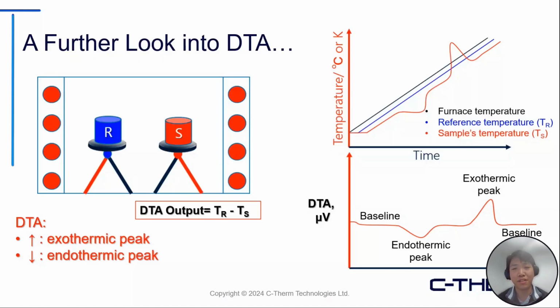However, when the sample undergoes any kind of endothermic or exothermic reaction, it would appear as either a lag or offshoot in the temperature as shown on the plot here. So by subtracting the sample temperature from the reference temperature, we can deduce whether the sample has undergone an endothermic or exothermic reaction, and that is being plotted in the DTA curve shown below.